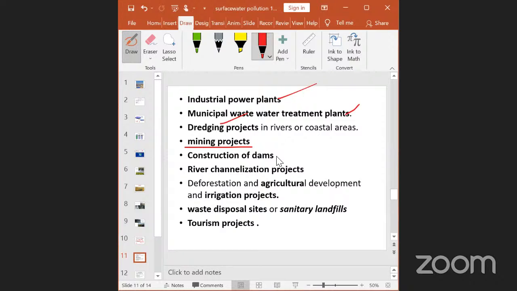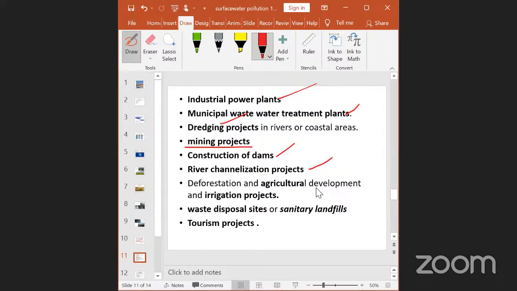Also construction of dams for purposes of water supply and flood control, and river channelization projects for flow improvement, right?